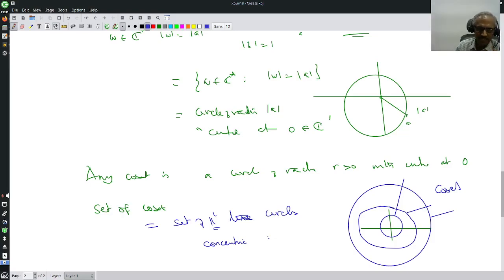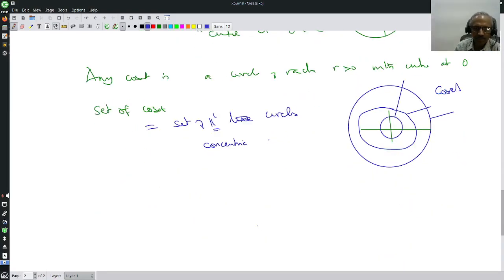How do I understand this? Given two cosets, either their intersection is empty or they are identical. If they have a point in common, they are the same. That's because of parallel things. So you can see the set of cosets is a class of parallel objects, intuitively.